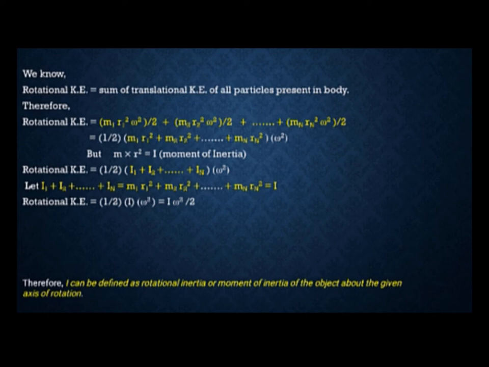For the nth particle, kinetic energy will be mn rn square omega square upon 2.